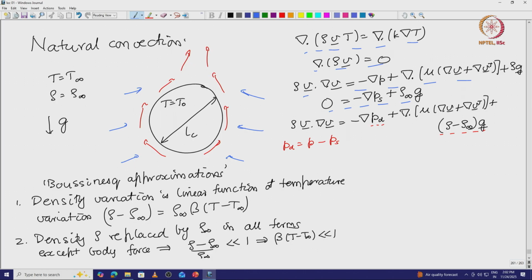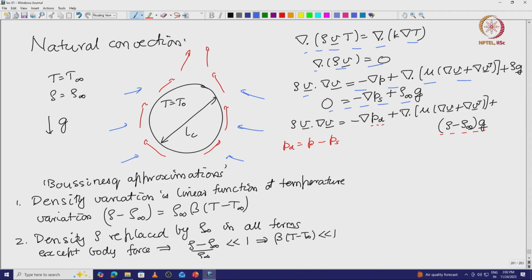Now, we had made several assumptions in what is called the Buoyancy approximation for the equations of motion. First of all, the density varies linearly with temperature.